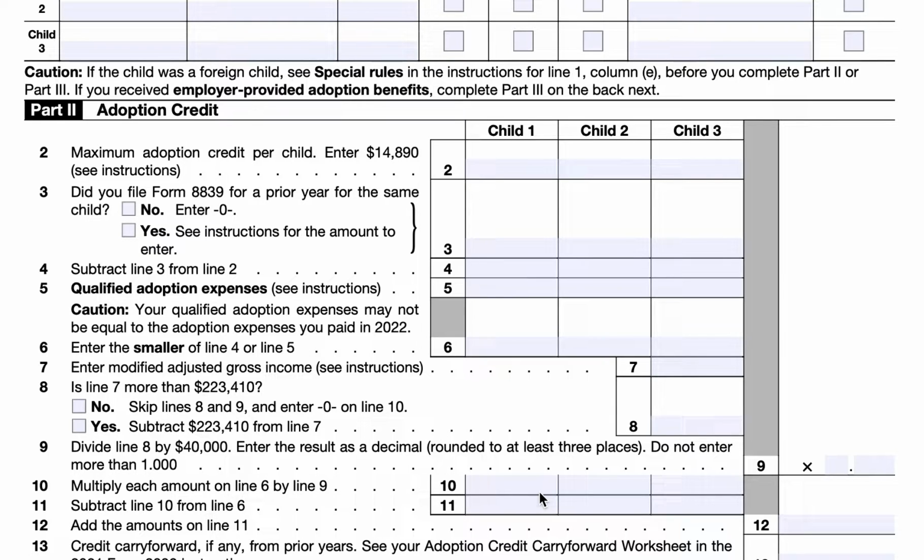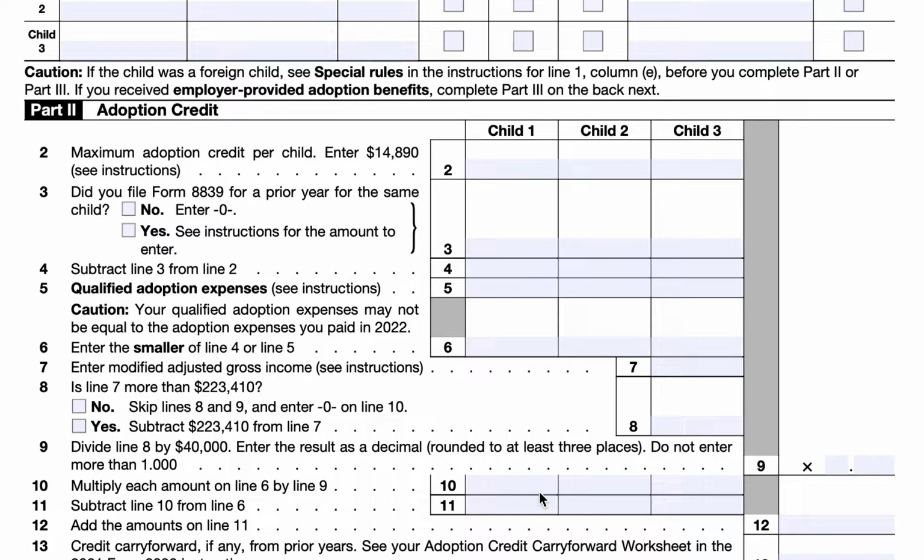For example, if the result of subtracting $223,410 from line 7 results in $20,000, you would divide 20,000 by 40,000, resulting in a number of 0.500.